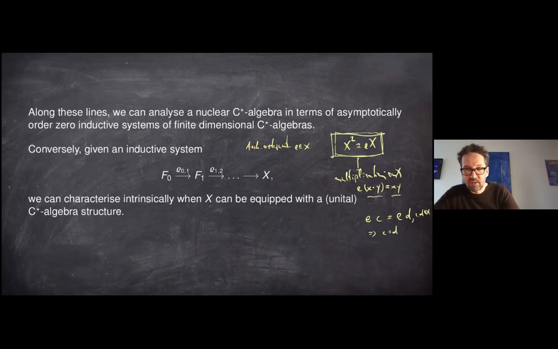So at the level of the inductive limit X, this is very explicit, because from this property you get that this element X dot Y exists, and then you get uniqueness from this non-degeneracy condition here.